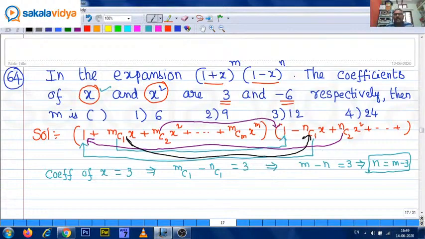Here, see this color now. nC2 into 1, nC2. Write down now here. Coefficient of x square equals minus 6.